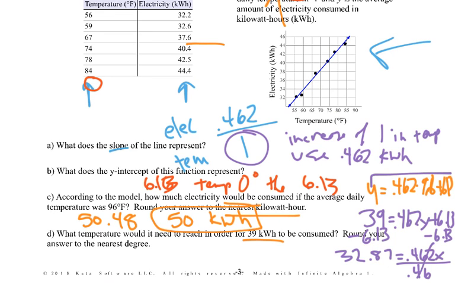That'll tell me what the temperature would equal. So 32.87 divided by 0.462 gives us 71.14. It says round to the nearest degree, so just 71 degrees Fahrenheit to use that many according to our model.